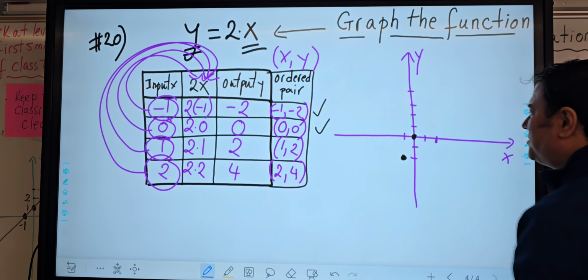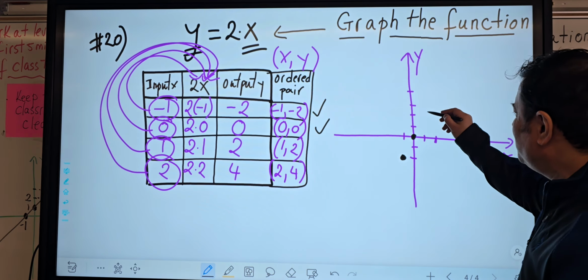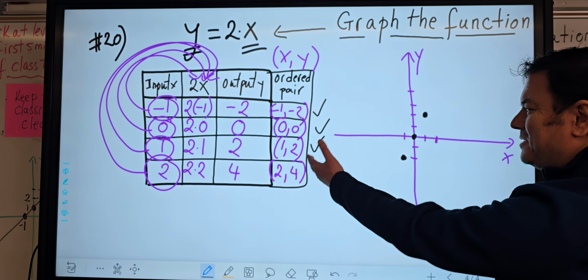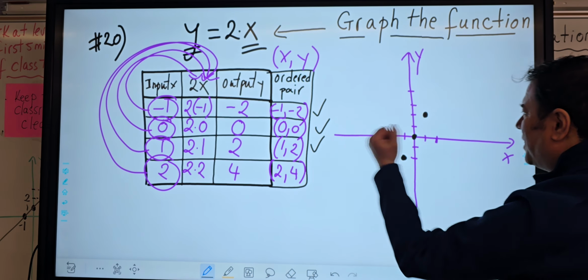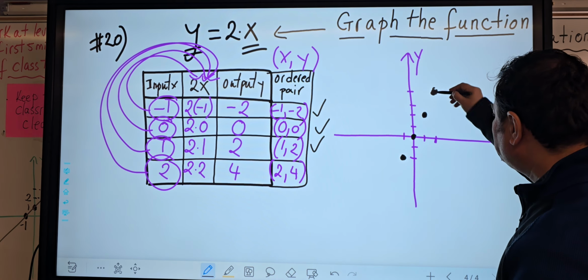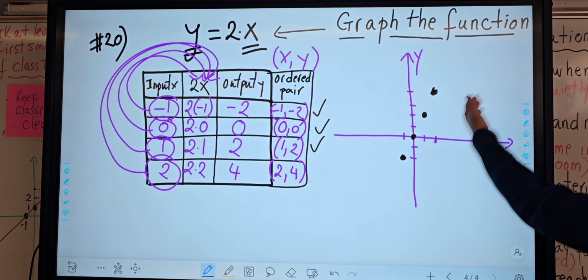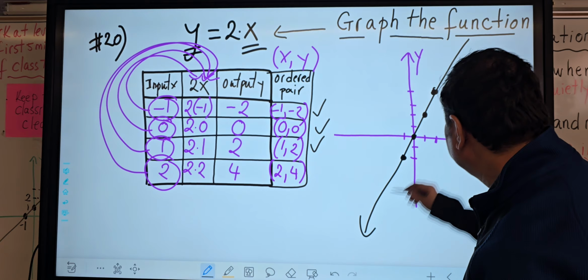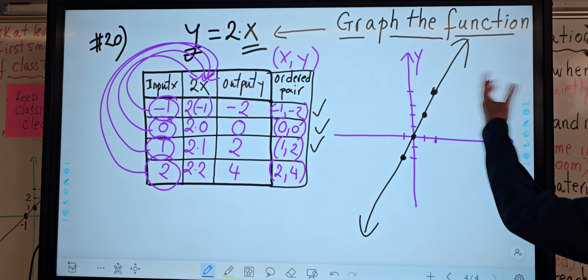X is 1, y is 2. It's going to be right there. And next, we have x is 2, y is 4, and it's going to be right here. And we just have to connect the dots. And we are done. We graphed the function.